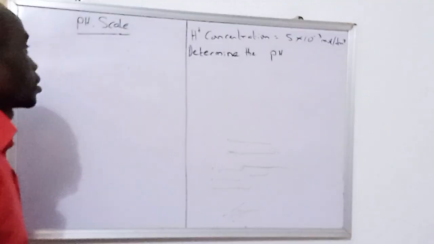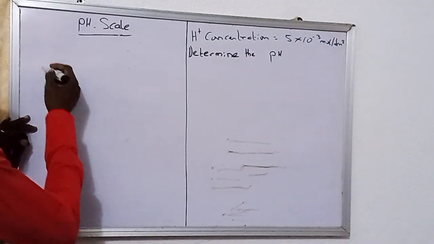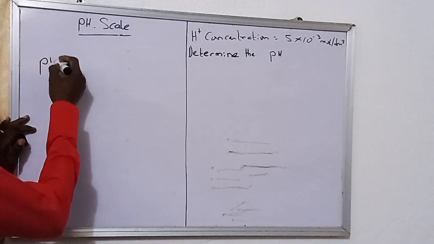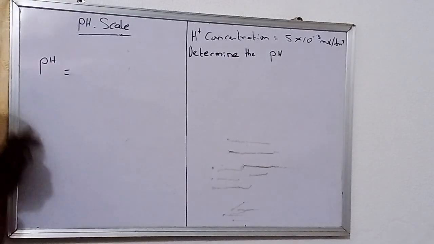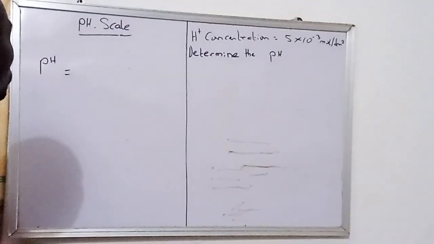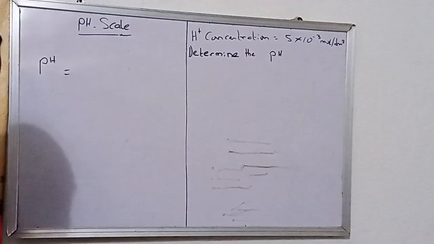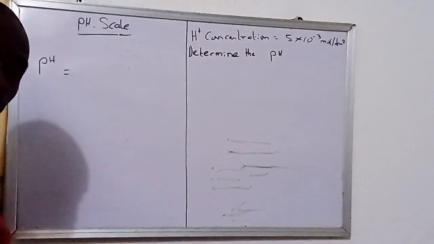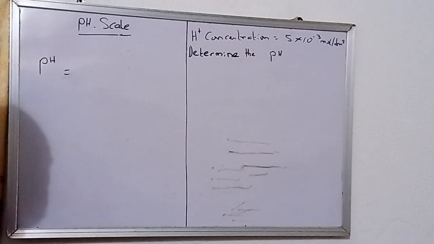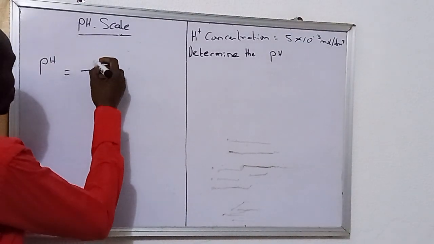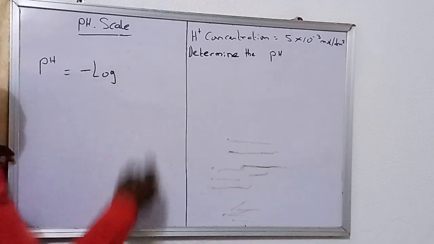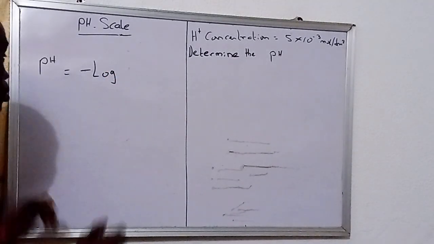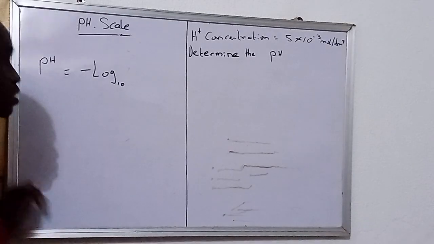pH goes in this form, shortened to help you remember the formula. Let's look at the P aspect here as transforming into a negative logarithm to base 10.